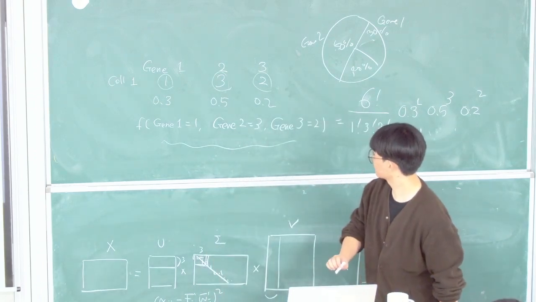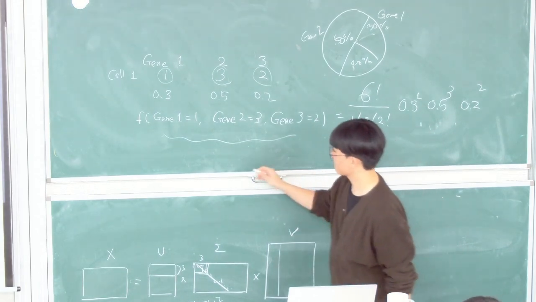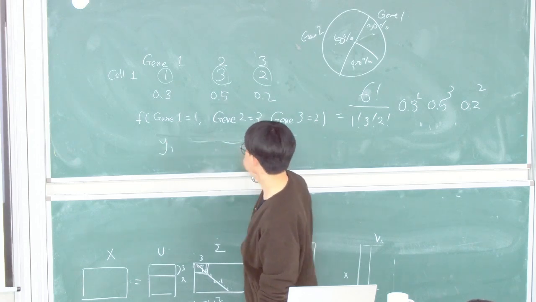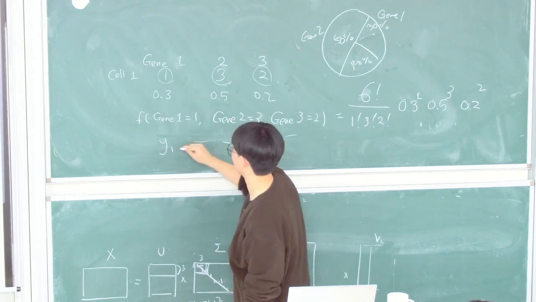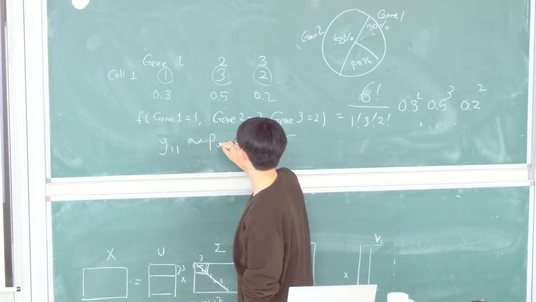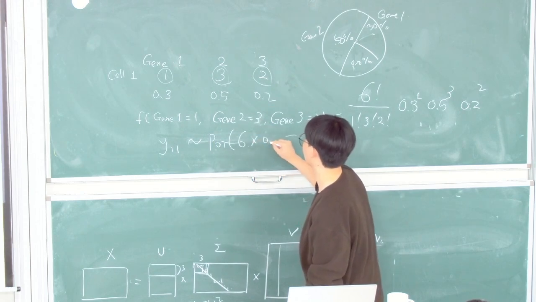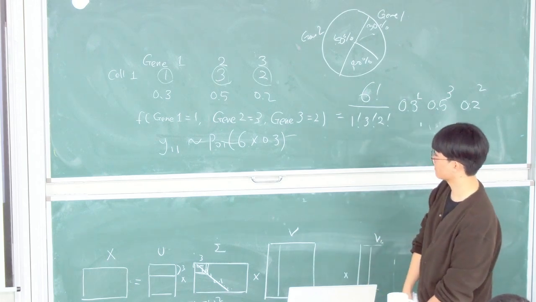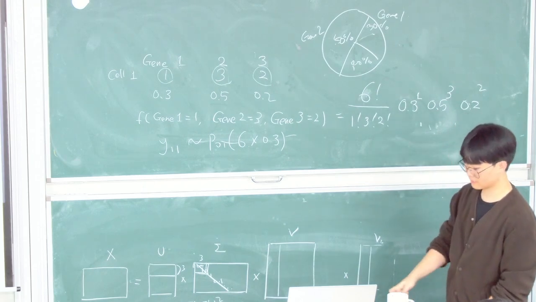So y11, for cell 1 and gene 1, is Poisson with 6 times 0.2, that is Poisson 1.8, right? So it makes sense, right?